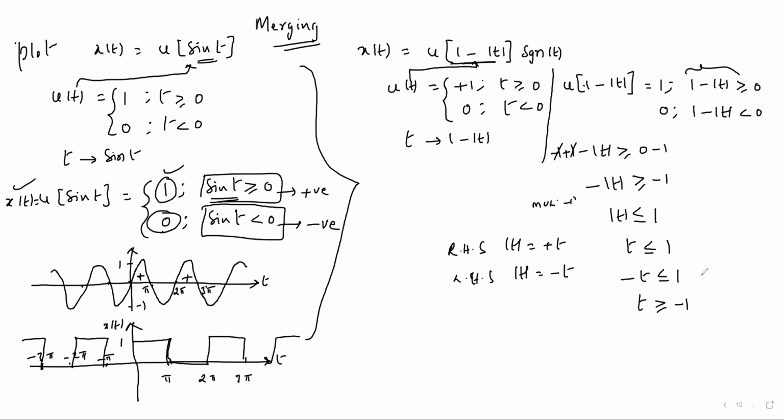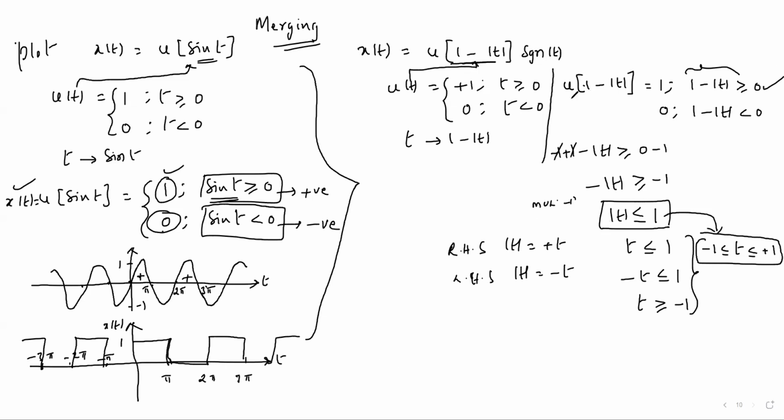So combinedly, this gives the limit minus 1 less than or equal to t less than or equal to plus 1. This is the limit of t, which gives the meaning mod t less than or equal to 1. So for the first expression, we got the limits minus 1 to plus 1.